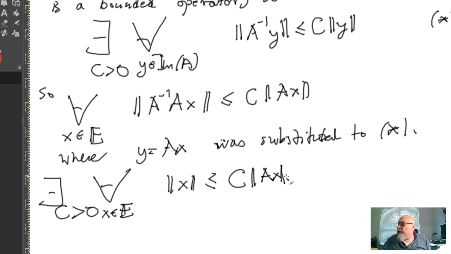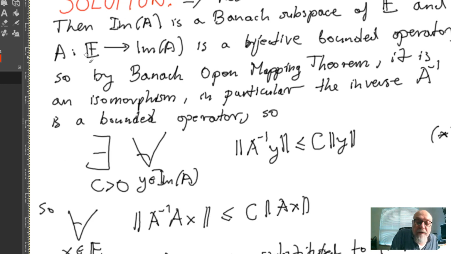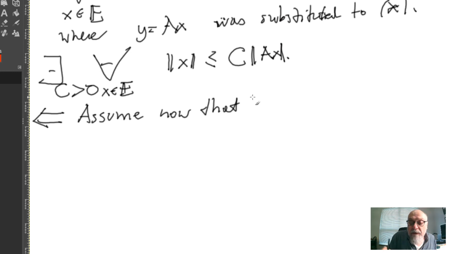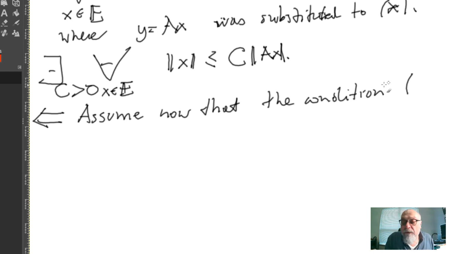So let us now prove the second implication. Assume now that the condition star, this condition 1, is satisfied.